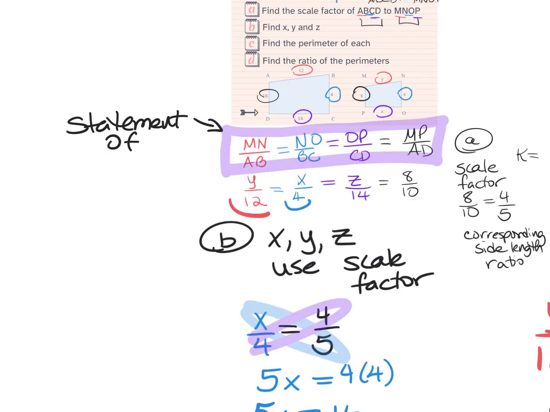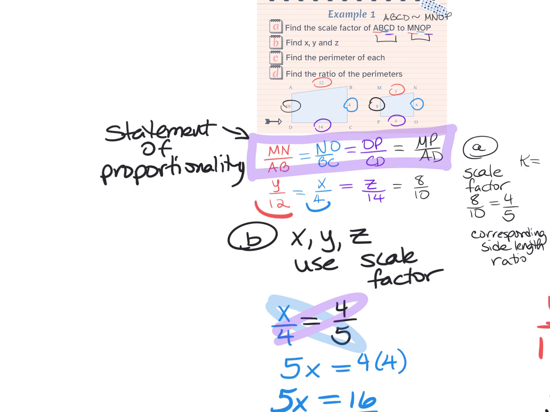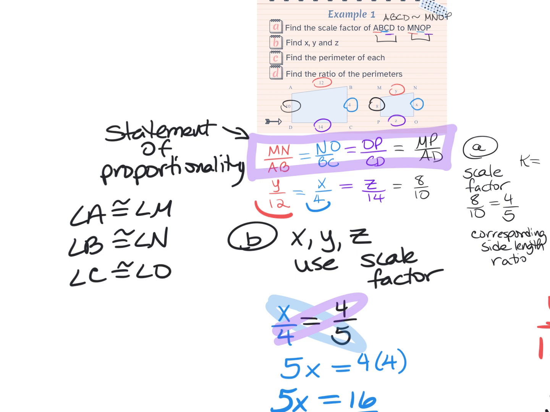Again, what I highlighted here in purple is called the statement of proportionality. Understand this term because you're going to have to do this on the quiz. Now, if it also asks you to list all the corresponding congruent angles, that's when you just go back to that statement. First letter A was congruent to M. B, congruent to N. C, congruent to O. And D, congruent to P. So if I ask you to list the corresponding congruent angles, that's what you would list.